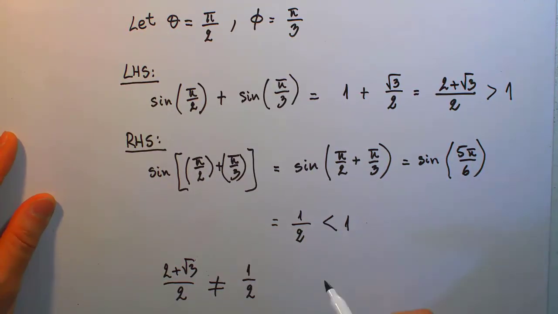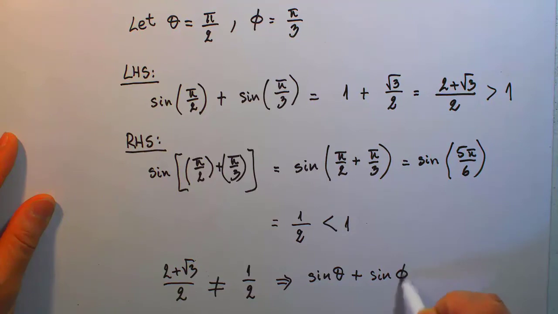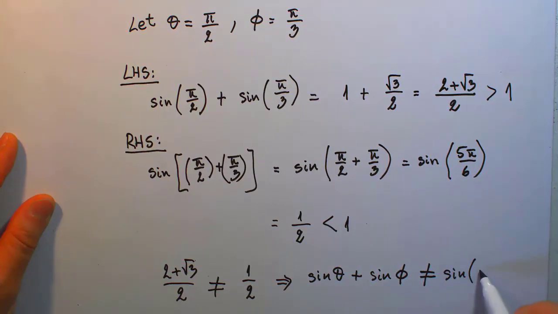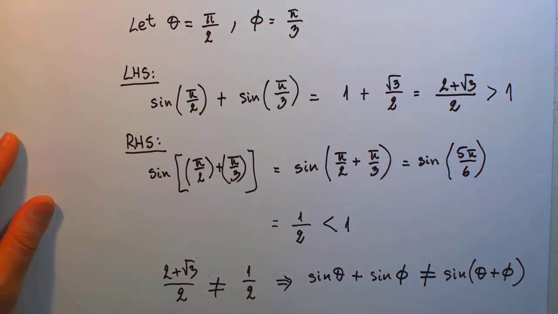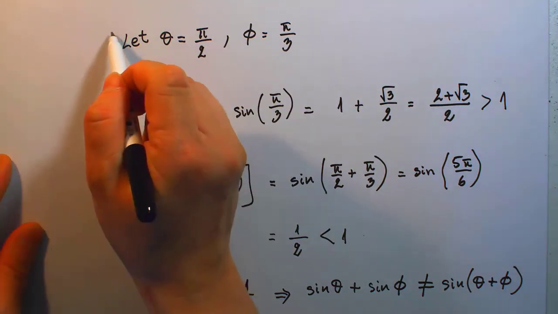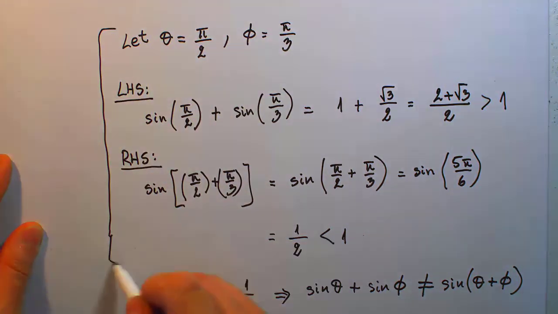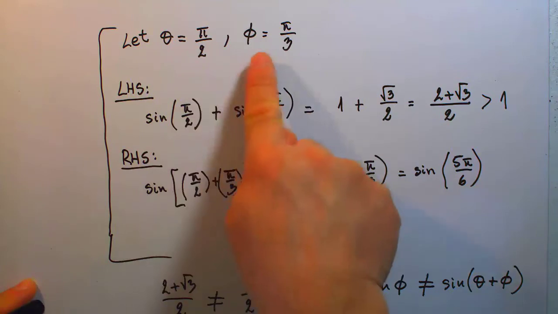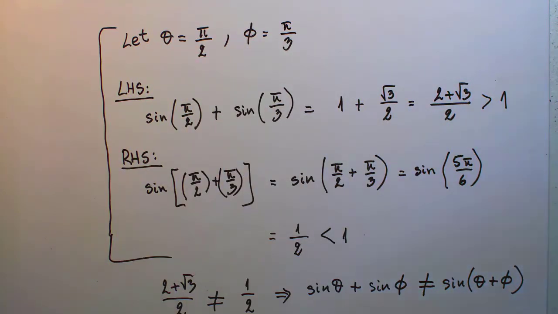So in this case, once again, that implies that sine of theta plus sine of phi, two different sine values on two different angles, is not generally the same as sine of the sum of the two angles. That's how we disprove another thought-to-be identity. And here again, letting theta equal pi over 2 and letting phi equal pi over 3 is another counter example.